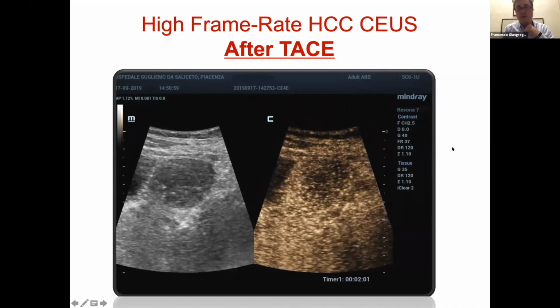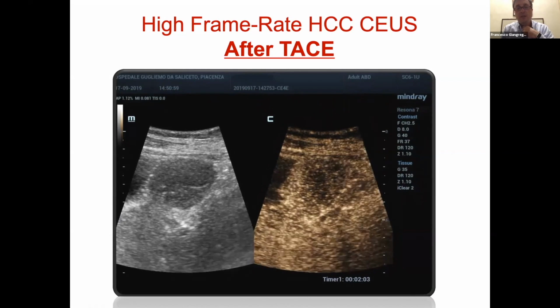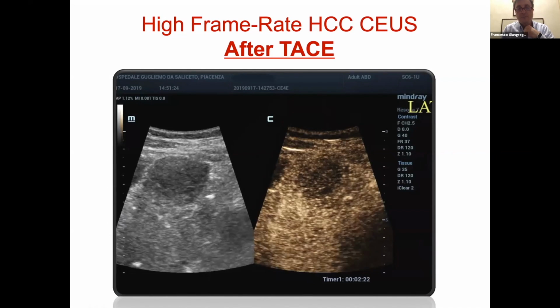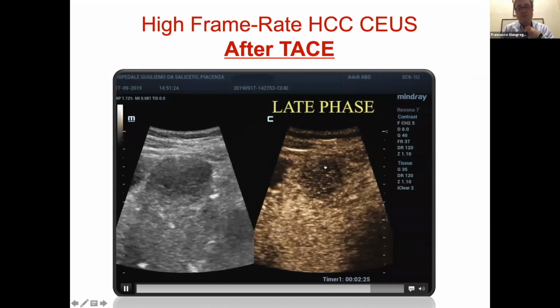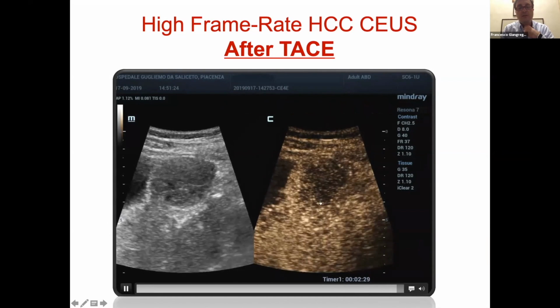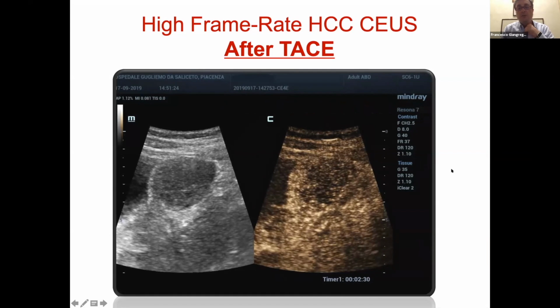This nodule was completed with percutaneous ethanol injection. And this treatment was performed based on this examination and not on spiral CT that was negative for tumor.